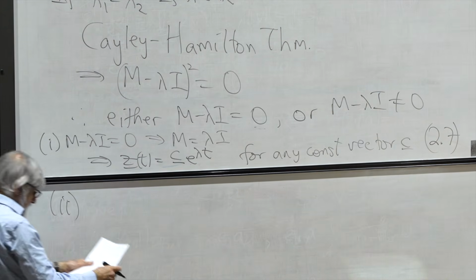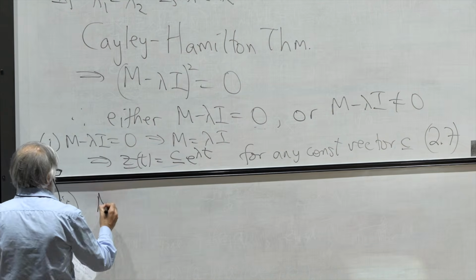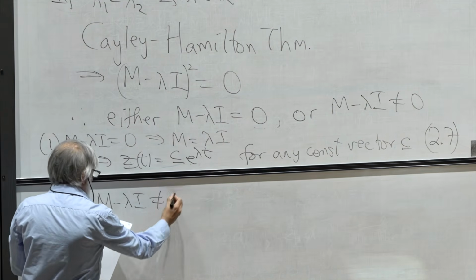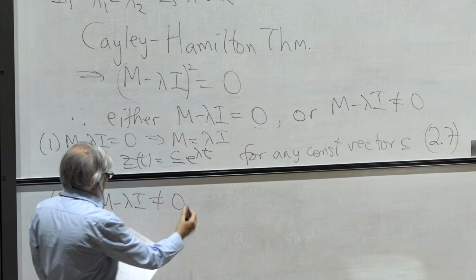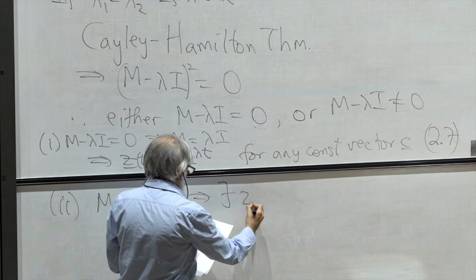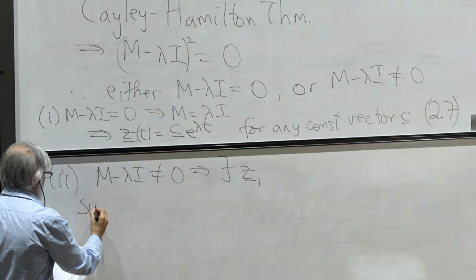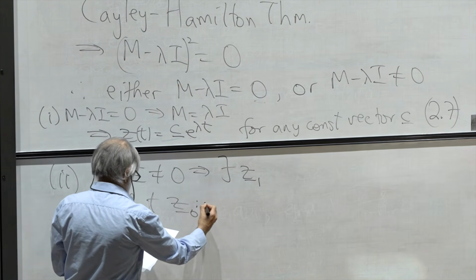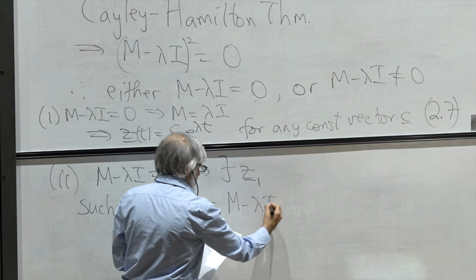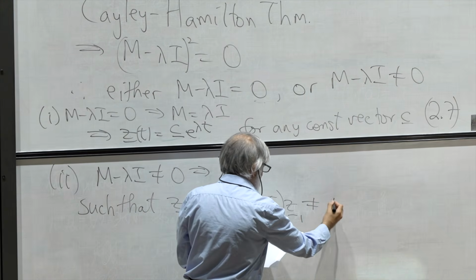Second case would be where m minus lambda I is not equal to 0. That implies there must be at least one vector z1 such that z0, defined as m minus lambda I times z1, is not equal to 0.